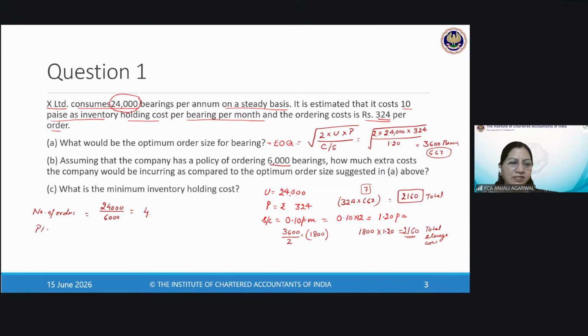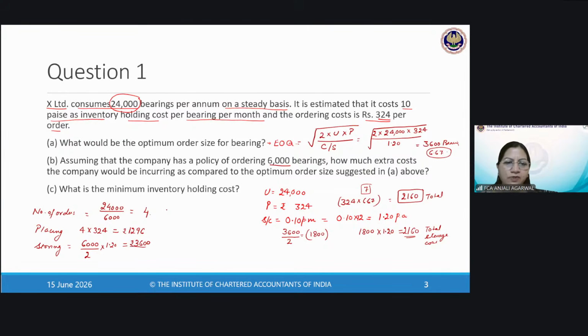So what will be your placing cost when you place 4 orders? 4 into 324, 1,296. And what will be your storage cost? When 6,000 units are ordered, on an average 3,000 units will be held, and 3,000 into 1.20, 3,600 rupees would be the storage cost.